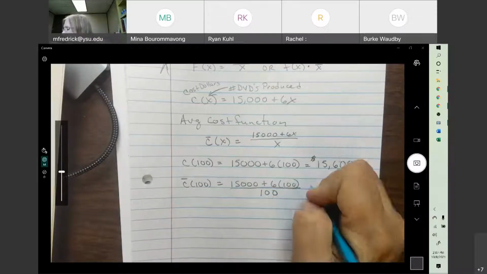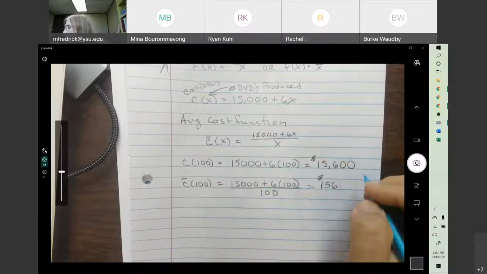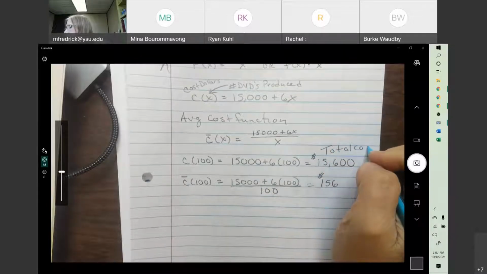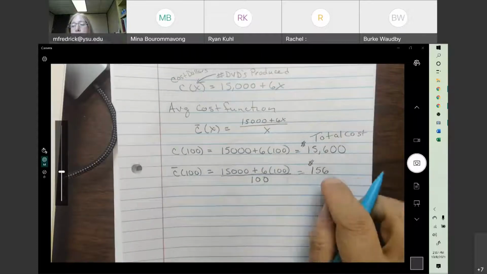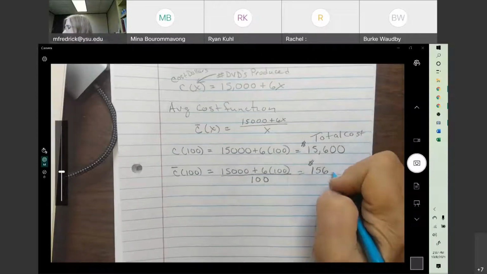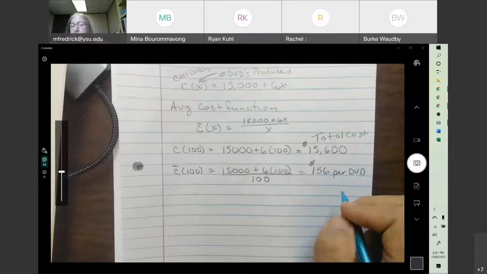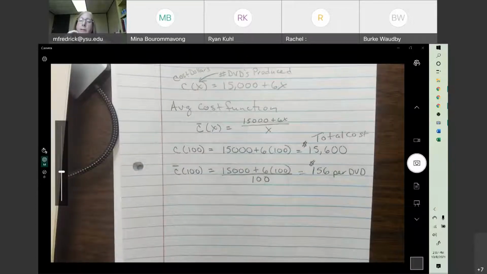And if we did that, we'd have $156. So this is total cost when 100 are produced. This is the cost per DVD when 100 are produced. Any questions on that?